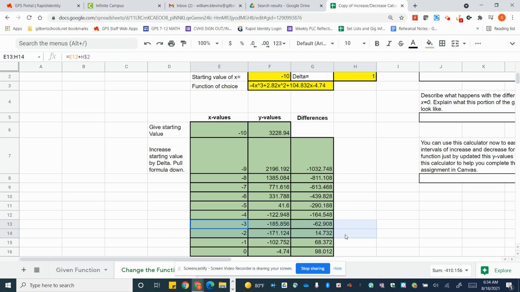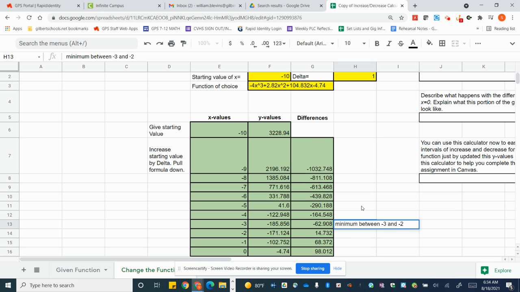That tells us between the x value of -3 and the x value of -2, the function goes from having negative differences, which means decreasing, to positive differences, which means increasing. So if the function goes from decreasing to increasing, that means we have a minimum between -3 and -2.